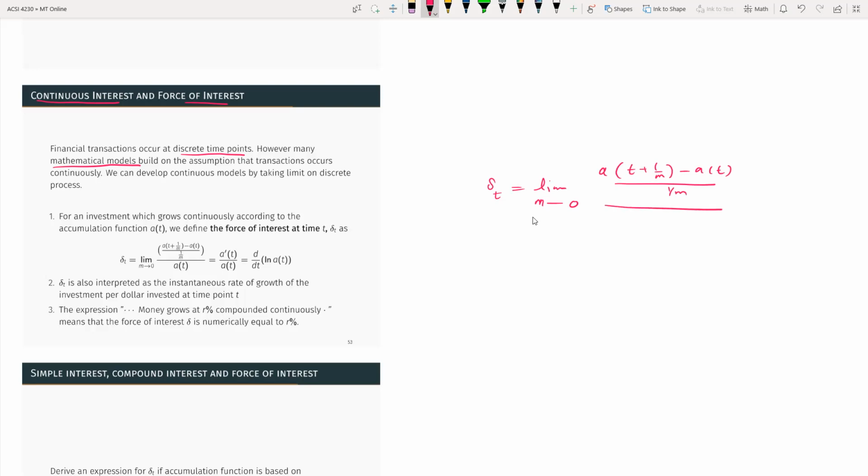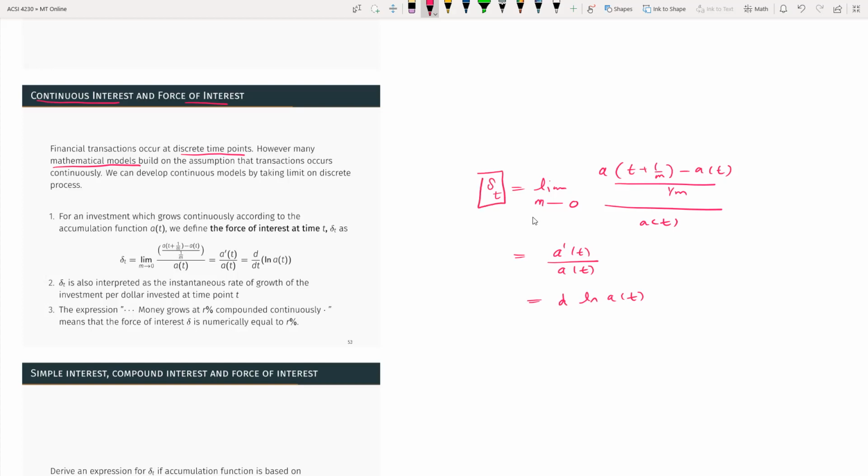then divide by A(t). If you look at this one, this is the same as taking the derivative: A'(t) over A(t), which is basically the derivative of log A(t). So this quantity is called the force of interest.